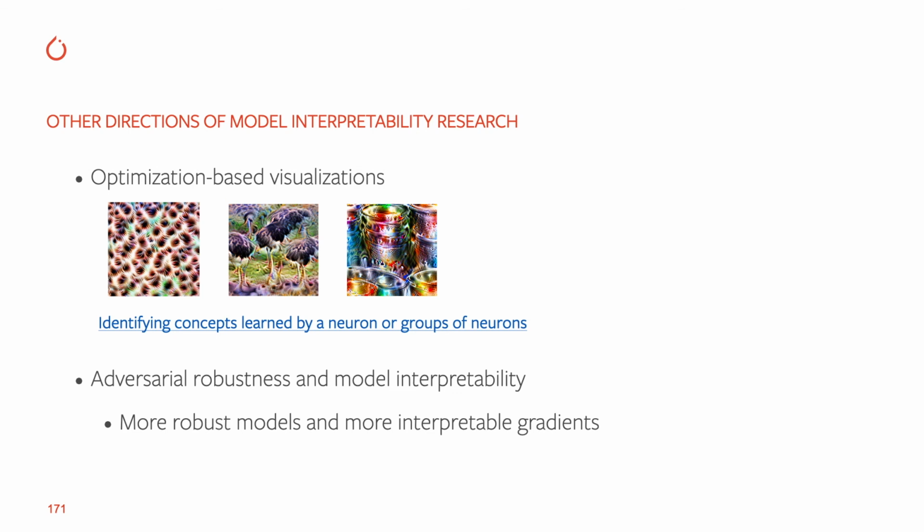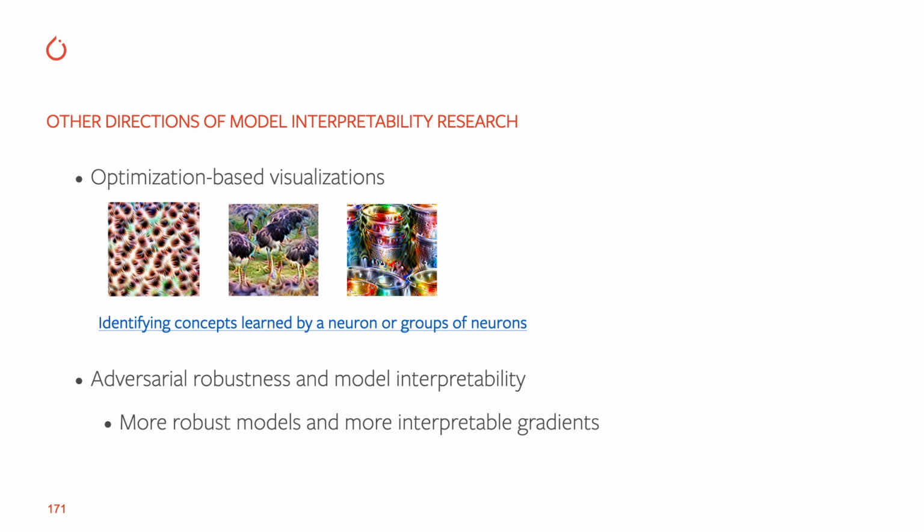Optimization-based visualizations and the research that looks into the relations between adversarial robustness and model interpretability are 2 of them. Optimization-based visualizations aim to visualize different concepts that a neuron or groups of neurons learn by optimizing an objective function for those neurons. On this slide, I have visualizations of a couple of abstract concepts learned by different neurons.